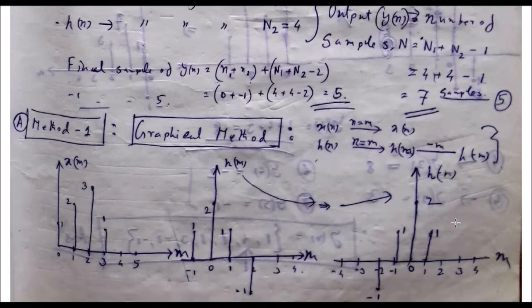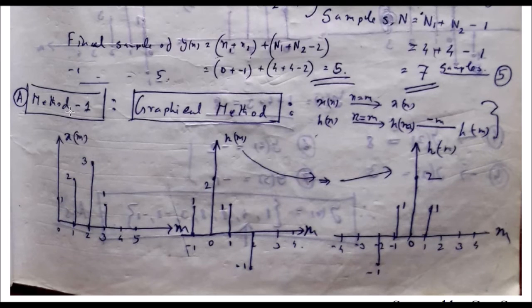Okay, now I am explaining method 1. It is called the graphical method. In the graphical method, follow the 5 steps, or rather 6 steps of the convolution, as I mentioned earlier. So first you have to change the time indexes from n to m. Make both of the signals into x[m] and h[m].